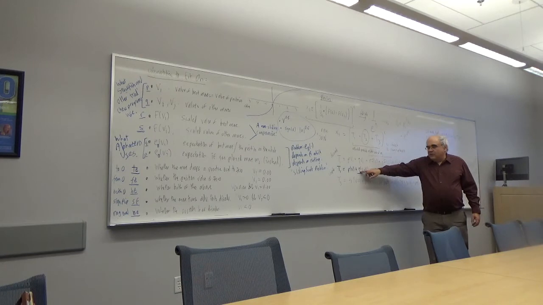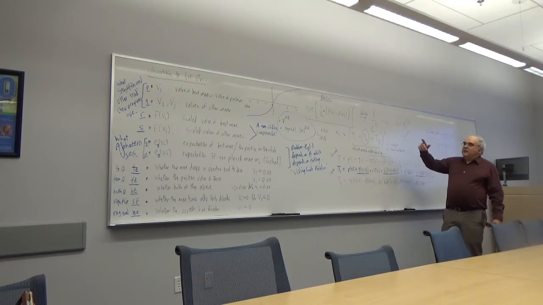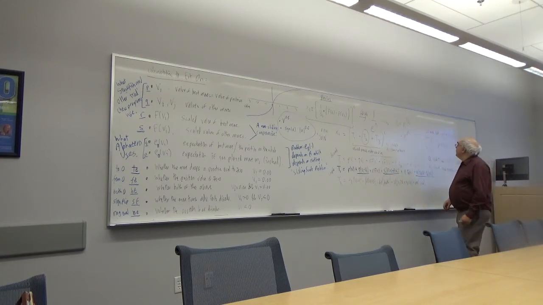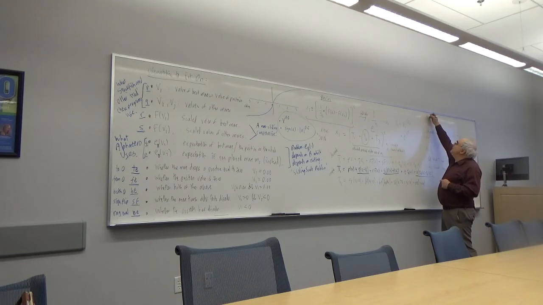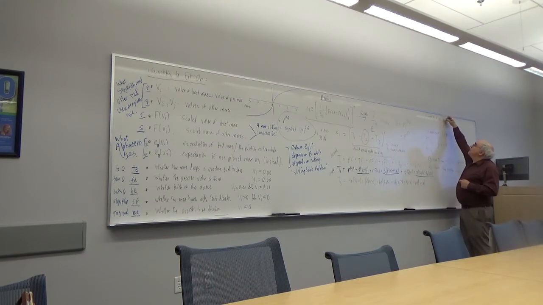The Q, by the way, is what you get in my current model if you don't scale. So S becomes Q if you don't scale.